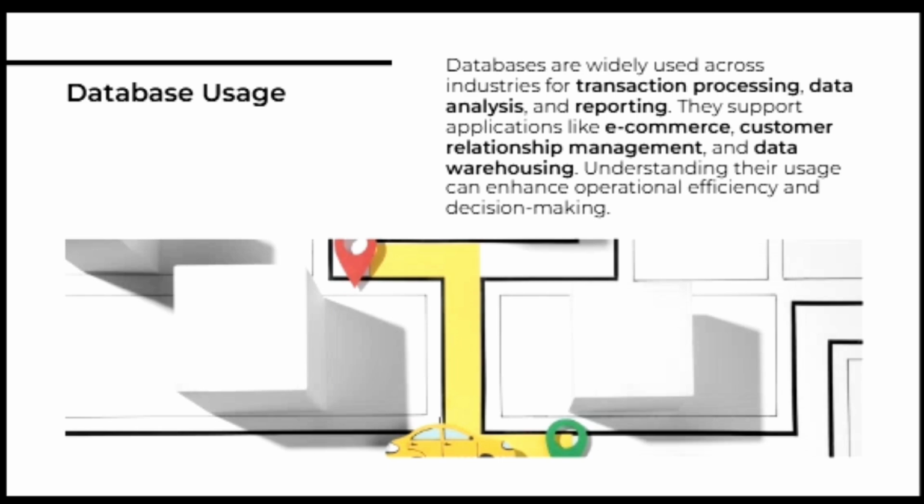You can store a person's information, so if that person comes back after a couple of days, months, or years, you can recognize whether it is the same person or not. So recognition is also an important thing here. That's why a database is useful for all applications like e-commerce, customer relationship management, and data warehouses. That's why the uses of a database are very vast.